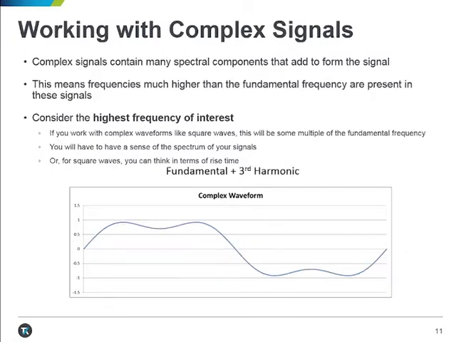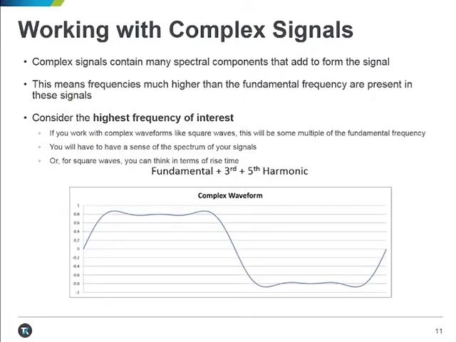This slide shows how a digital signal, really a square wave, is made up of a fundamental frequency, third harmonic, fifth harmonic, and so on. At least the first few harmonics must be captured to get a true representation of the square wave. If the scope bandwidth excludes the harmonics, you will lose the shape of your waveform.